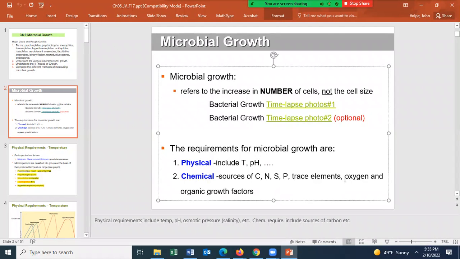Cells have different oxygen requirements, and they may have organic growth factors that are required to grow. Like our cells require vitamin C, or else our cells are not going to be able to stay healthy and grow. Any question about any of that?